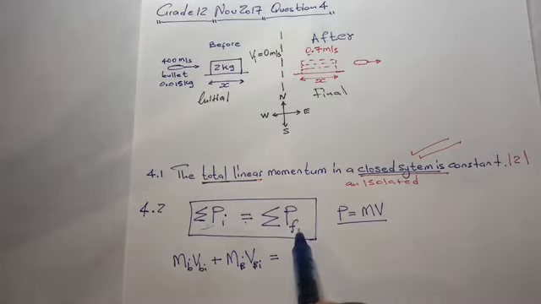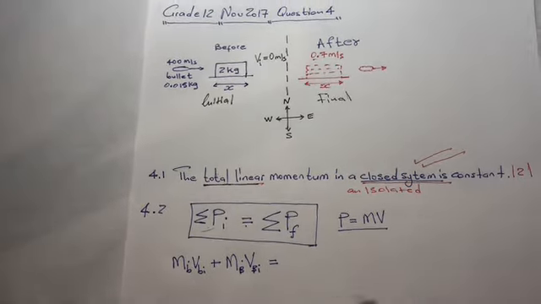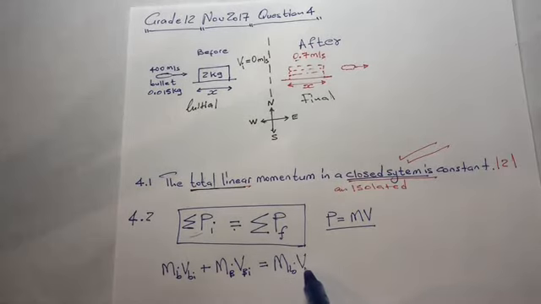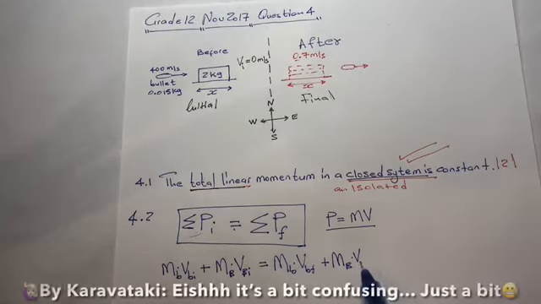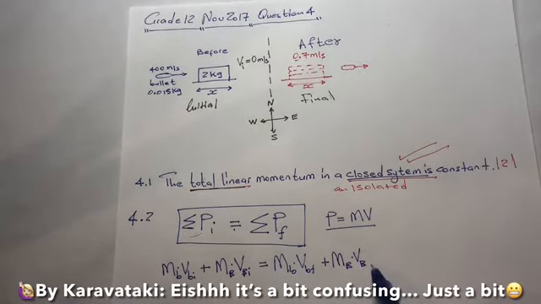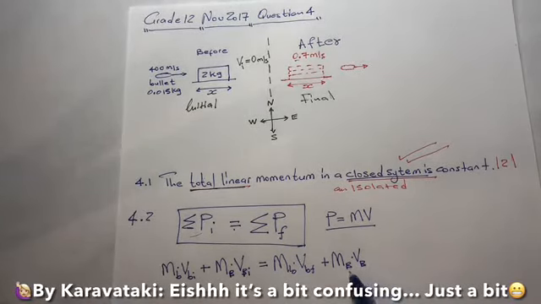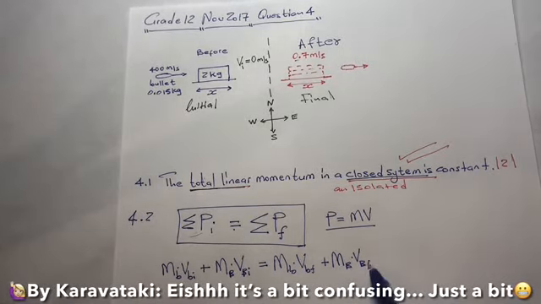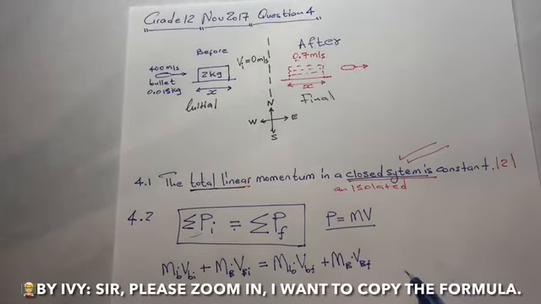We've got the mass of the bullet multiplied by the final velocity of the bullet, plus the mass of the block multiplied by the final velocity of the block. I think so far it makes sense, guys.